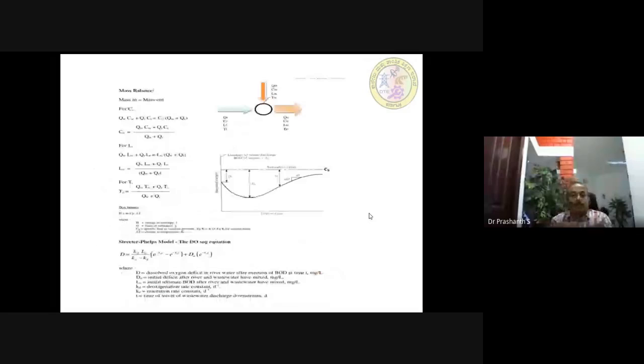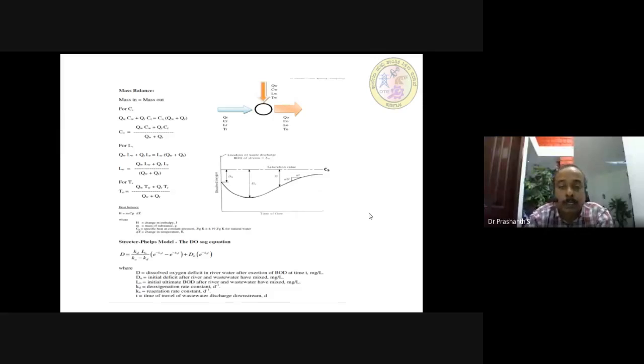In the next slide, you will understand better. It's called mass balance. Mass balance plays a very important role. The brownish color is the wastewater which is coming here. The blue color is the river which is flowing, already flowing. Both this brown and the blue, they are going to mix up, the volume or the mass increases, and it has become Q naught, C naught, L naught.